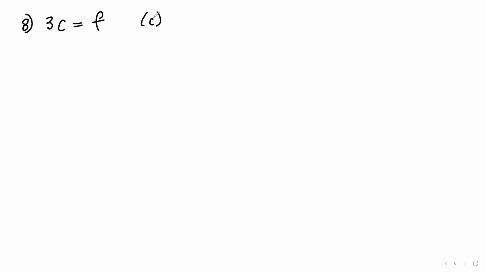What would it be? It will be F over 3. Correct. So C would be equal to F divided by 3. Excellent. So guys, to get rid of a coefficient, you divide by it.